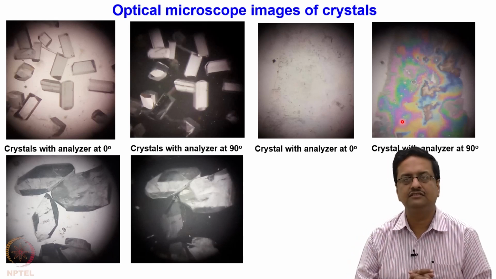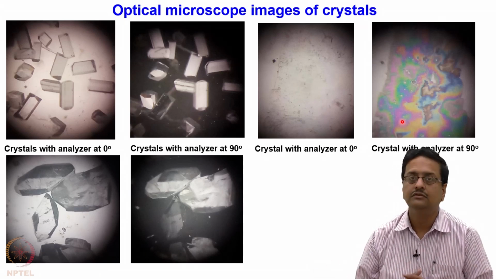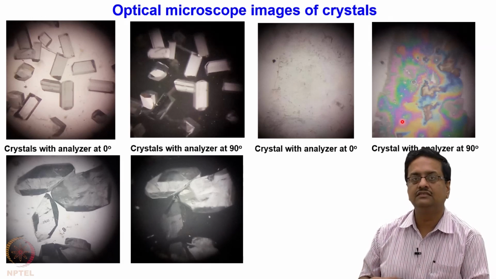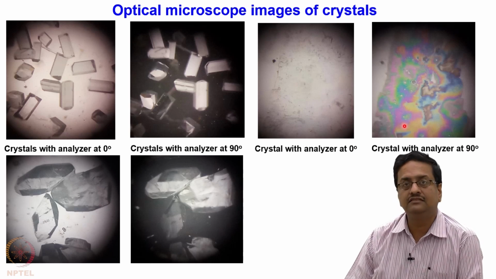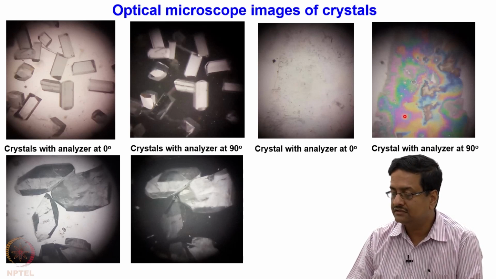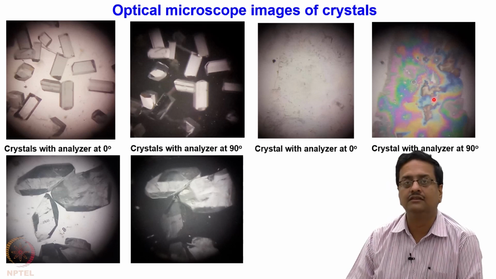Maybe the axis is totally rotated about a different direction, and it gives rise to a non-homogeneous single crystal, and in polarized light those domains show up as green, purple, yellow, blue, and so on.